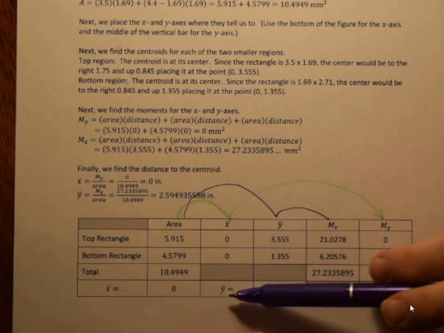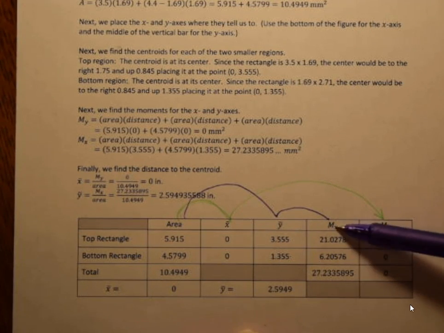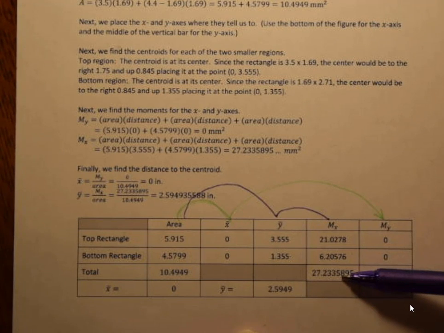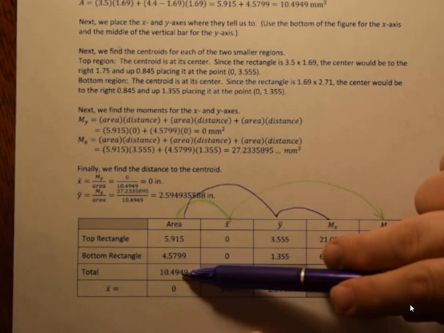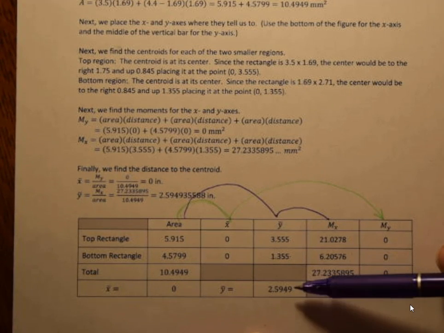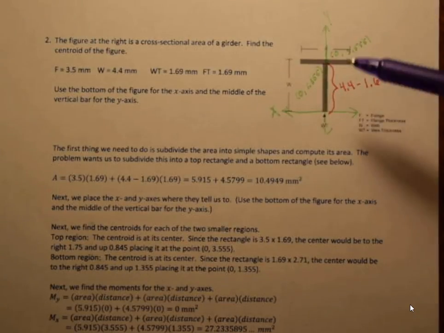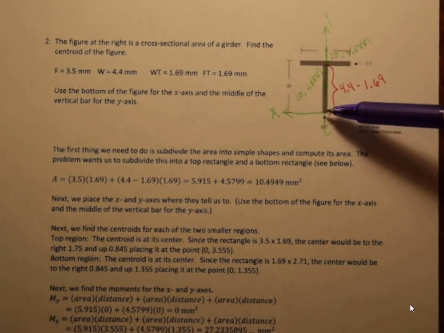And then to find the y-coordinate for the centroid, you take the moments about the x-axis, because that tells you the distance from the x-axis, and divide by 10.4949, and you get 2.5949.